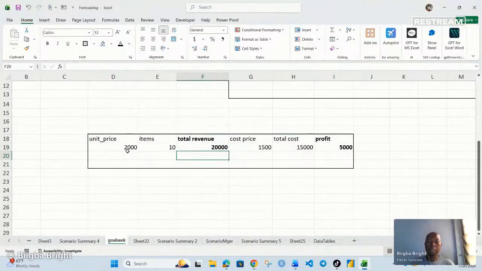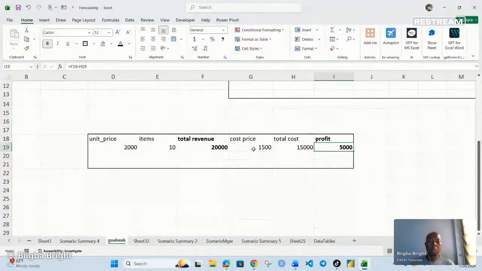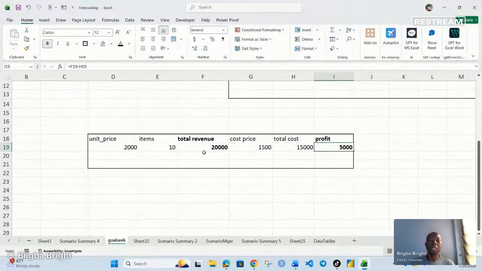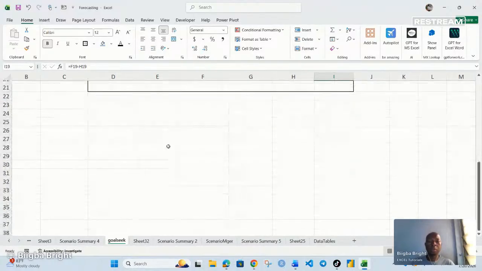Then we have the unit price, that's 2,000, items 10, total revenue this, cost price this, total cost is this, and then profit this. So if you have something like this as it's the same thing as what we have on top there. You can change your total revenue, you can change your cost, you can check how to be able to reduce costs, and then you can also check, you can change any of them, and then you are good to go.